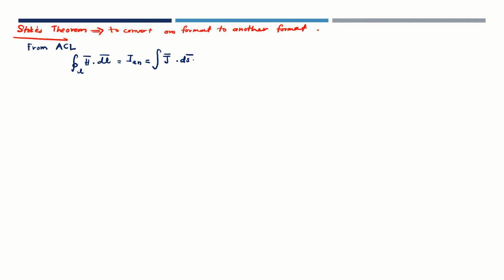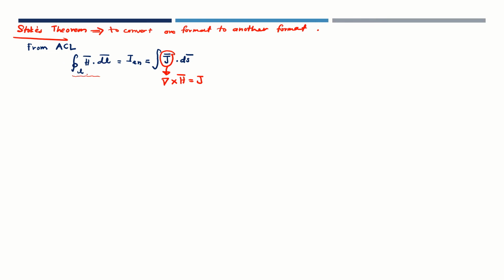And from the previous slide, J can be represented as del cross H, or curl of H, which equals J. This is for the line, and this is for the surface because it involves S.